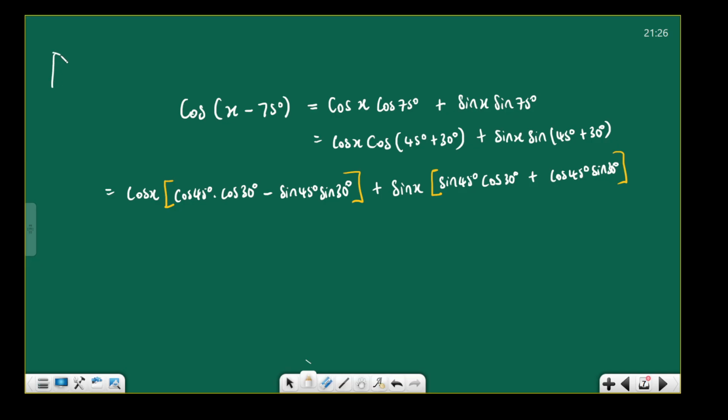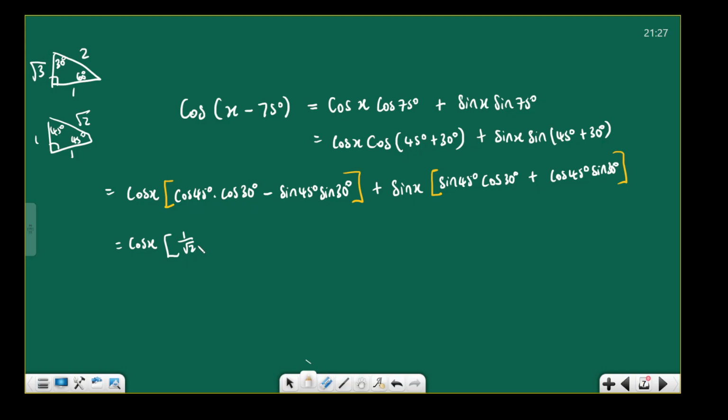So those triangles, remember I told you it is the 1 2 3 triangle, which has 30 at the top and 60 at the bottom degrees. Then we have the 1 1 2 triangle, which has 45 degrees and 45 degrees. So now you will have cos x. Cos 45 would give you a 1 over root 2.